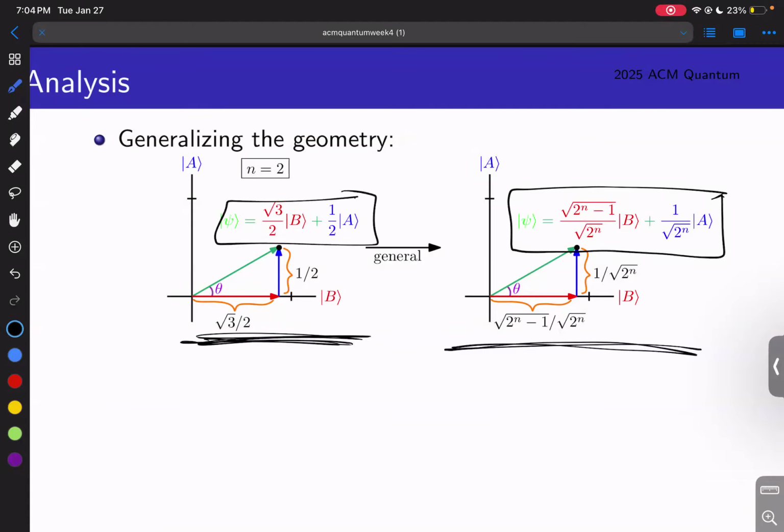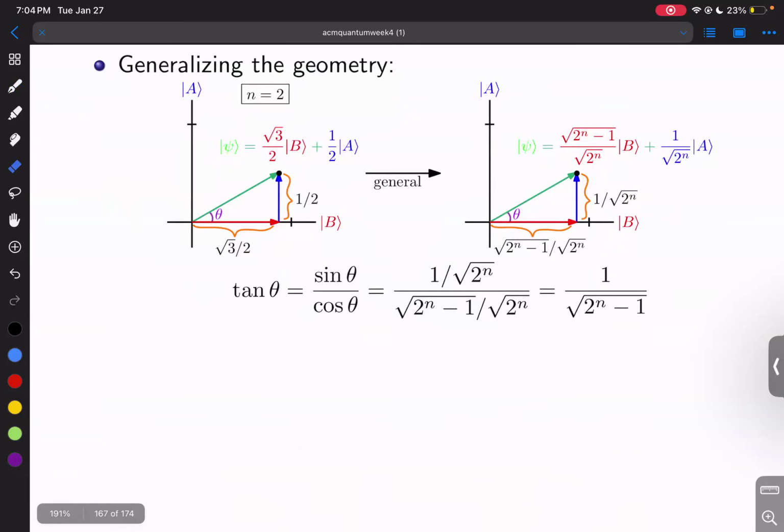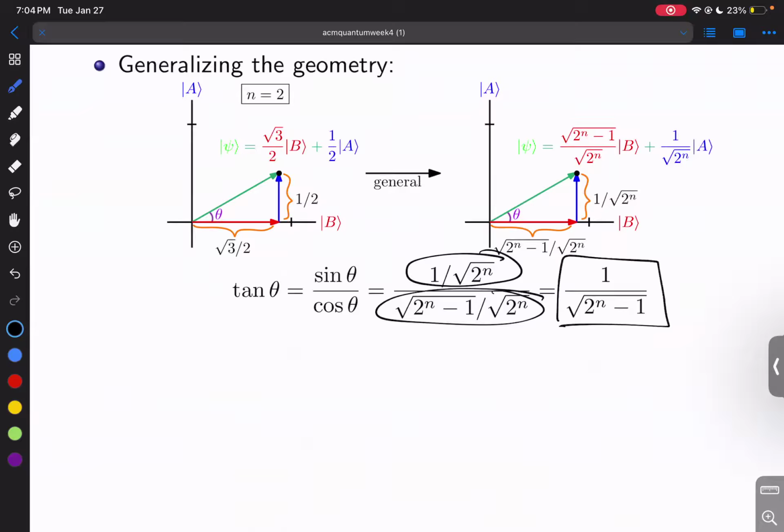You can check if you plug in n equals 2, you get that result. The tangent of the angle theta is the sine of that angle over the cosine of that angle, so the tangent will be the opposite side over the adjacent side, and after some simplification, you get this. That's the tangent of the angle.